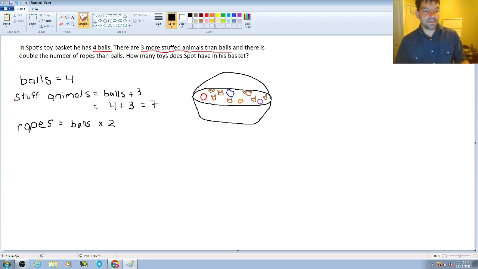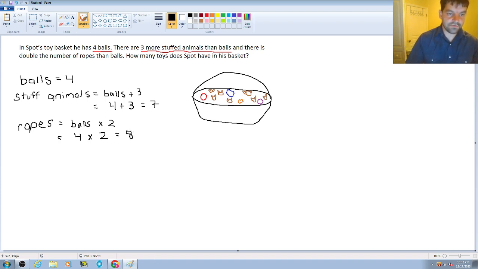But again, the beauty of that is that we know what the value of the balls in the basket is. So we can again make that direct substitution or replacement of the verbal wording of balls in our word problem with its number value, which is 4. And then that's just going to be times 2, which means that the number of ropes in the basket is equal to 8. So I'm going to go ahead and draw some ropes here.